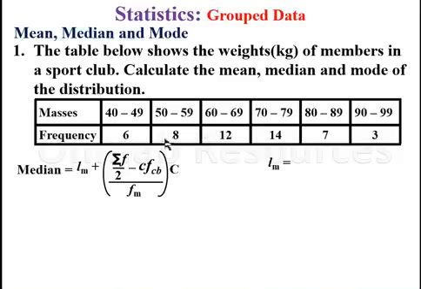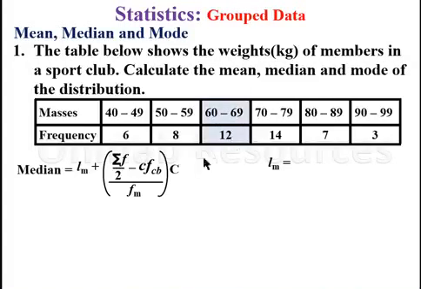So we have 6 plus 8 gives 14. 14 plus 12 gives 26. So the 25th and the 26th members are here in this frequency 12. So our median class is going to be 60 to what? 69. That's going to give us the median class.